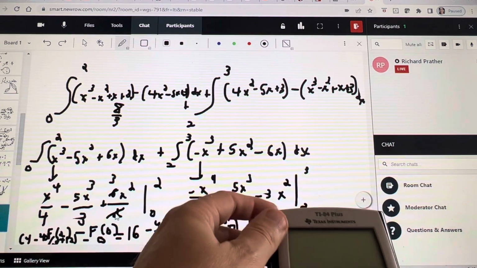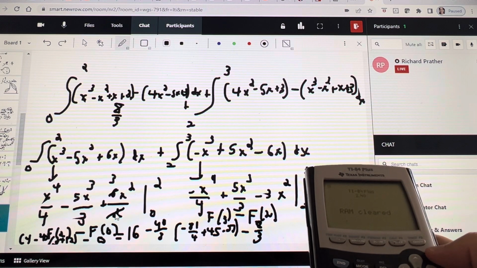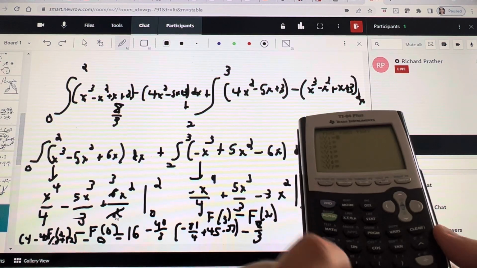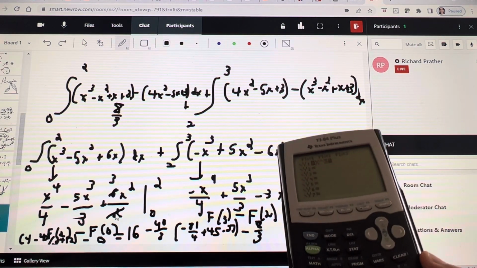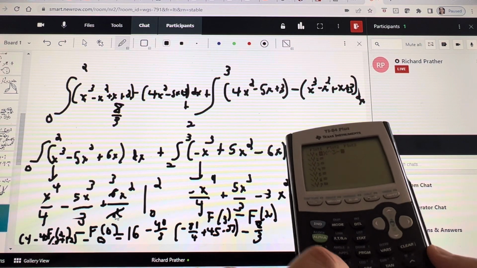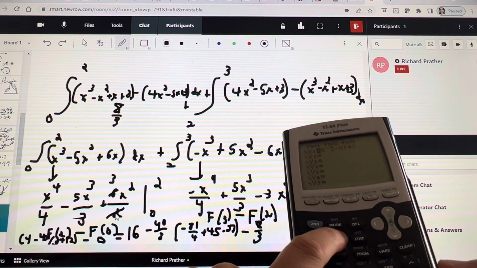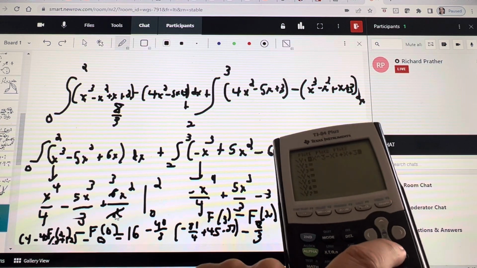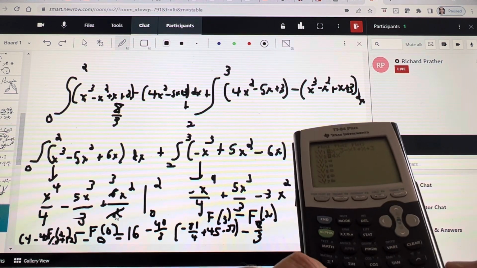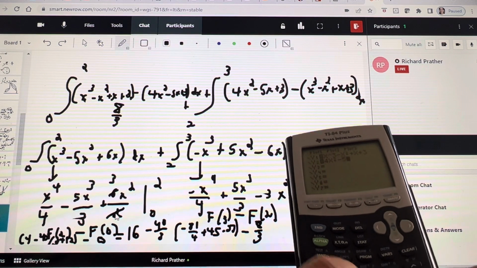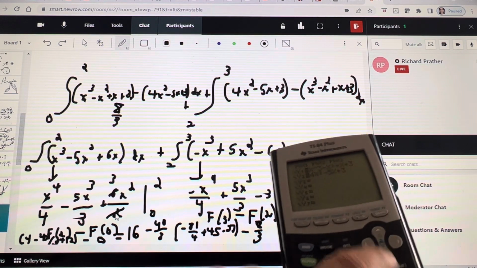Whoops, lost it. X cubed minus x squared plus x plus 3 and 4x squared minus 5x plus 3.